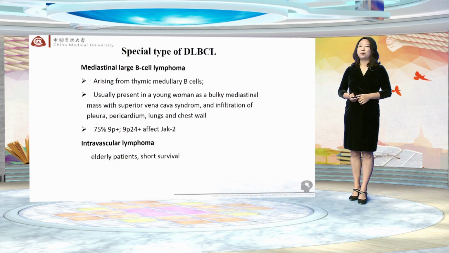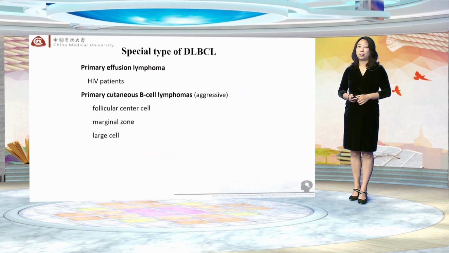Intravascular lymphoma is a rare presentation of large B-cell non-Hodgkin lymphoma, in which the tumor cells are found within the vascular lumen. This affects elderly patients with an aggressive course and short survival. Primary effusion lymphoma is a rare B-cell variant observed in HIV patients.